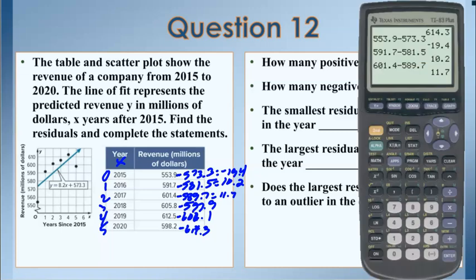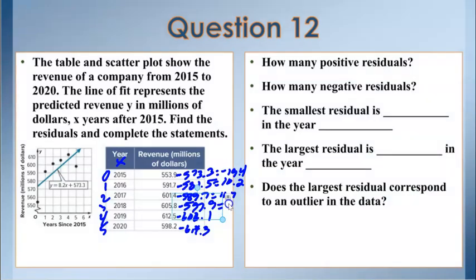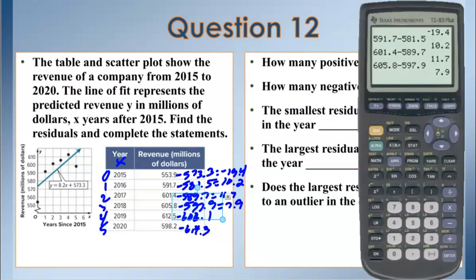Next, we have 605.8 minus 597.9, which gives us 7.9. The next one, we got 612.5 minus 606.1.